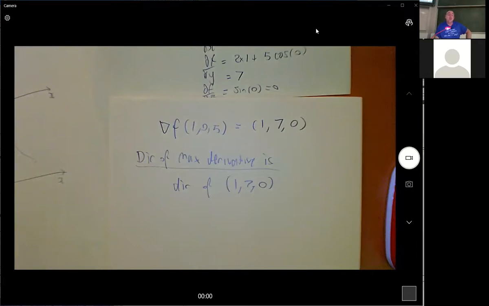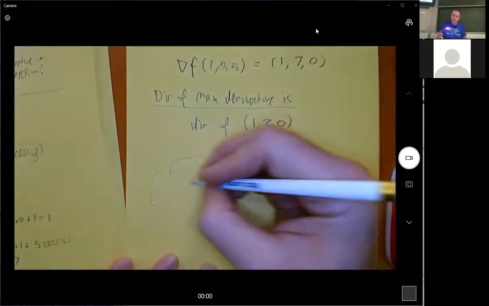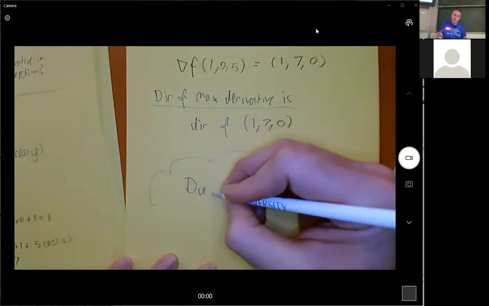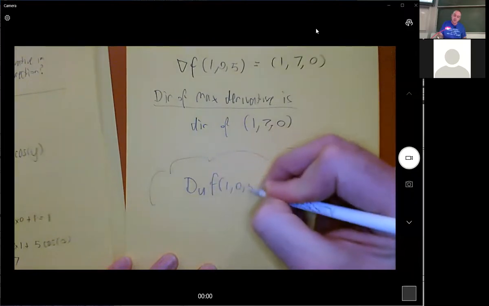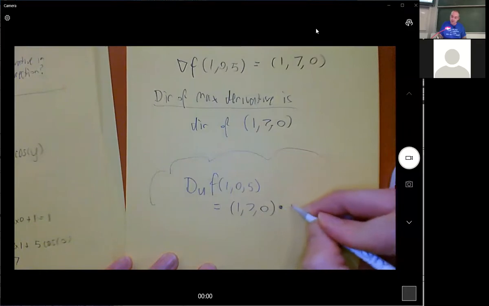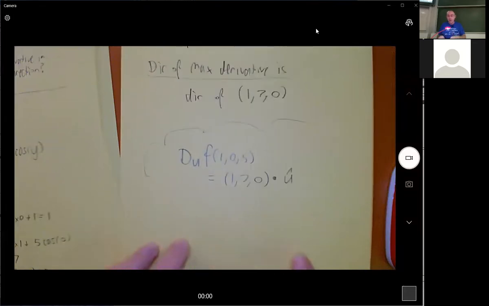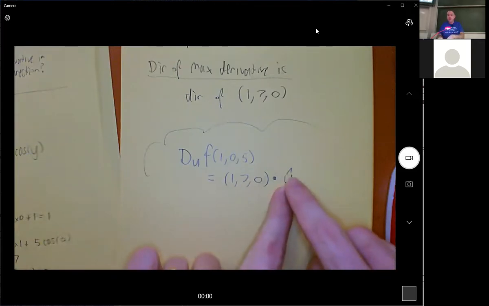It is the maximum because, let me just think a bit here. The directional derivative in the direction of u of f at the point (1, 0, 5) will be (1, 7, 0), because that's the gradient, dot with a unit vector in the direction of u for this function. When you dot product two vectors, the answer gets bigger and smaller depending on what direction this vector faces.